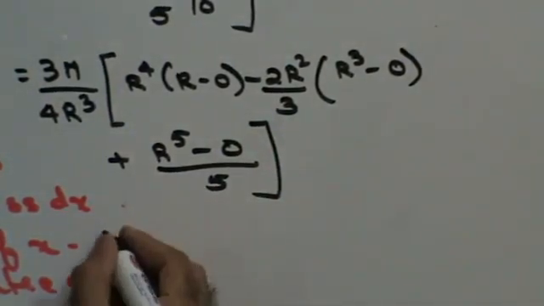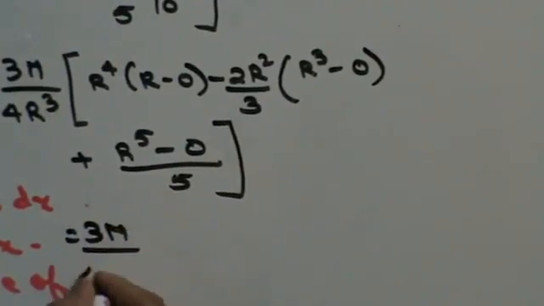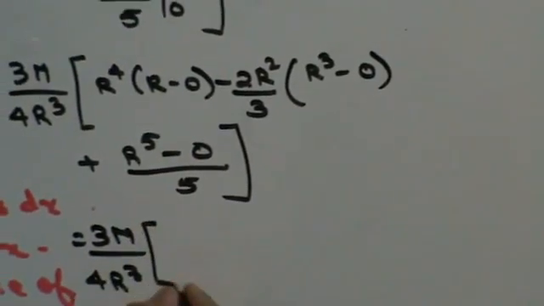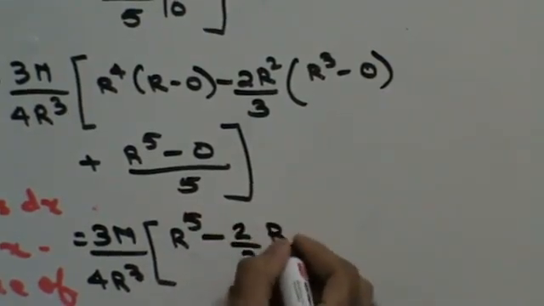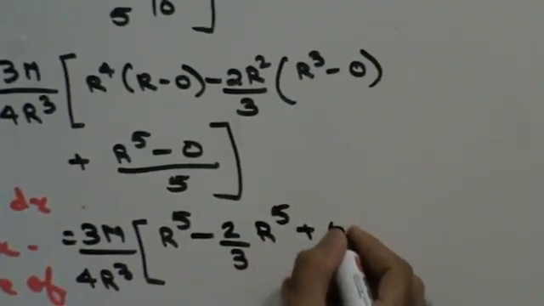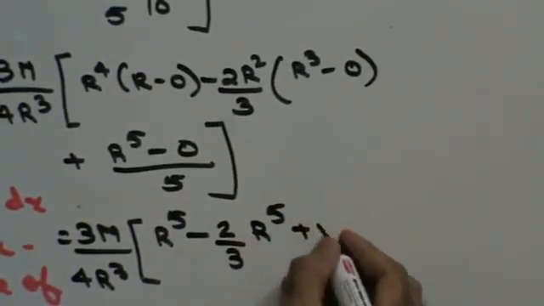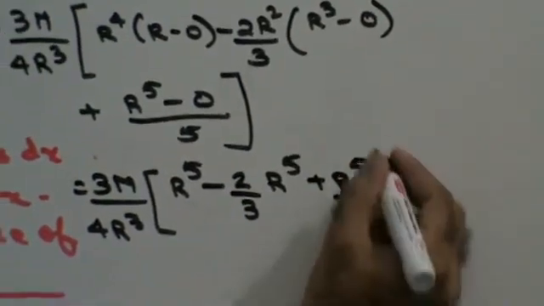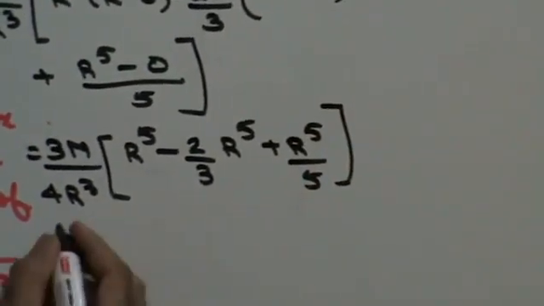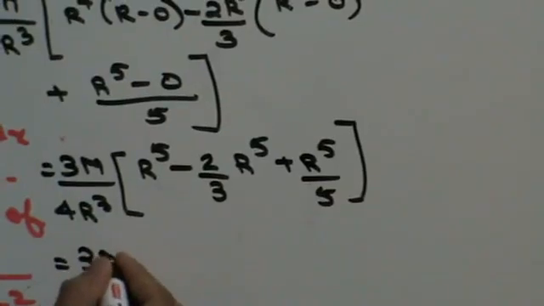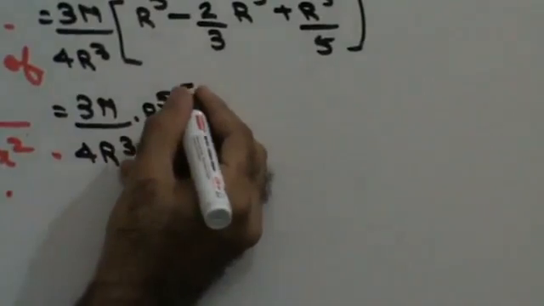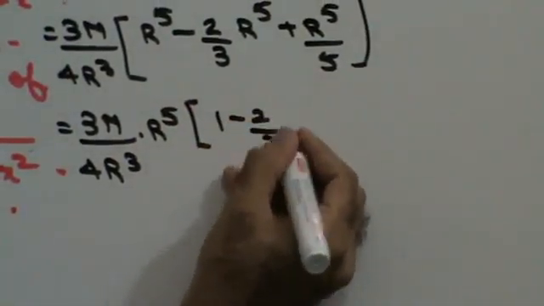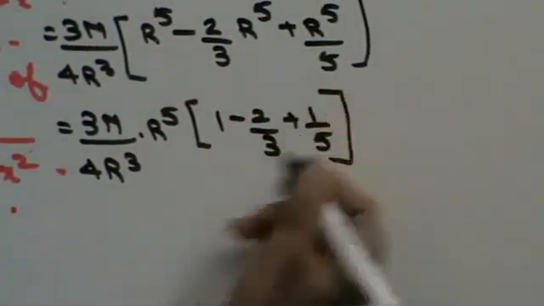This can be written as 3m upon 4r cube. This is r raised to 5 minus 2 upon 3 r raised to 5 plus r raised to 5 upon 5, right? R raised to 5 comes out, so this is 3m upon 4r cube into r raised to 5, 1 minus 2 by 3 plus 1 upon 5.